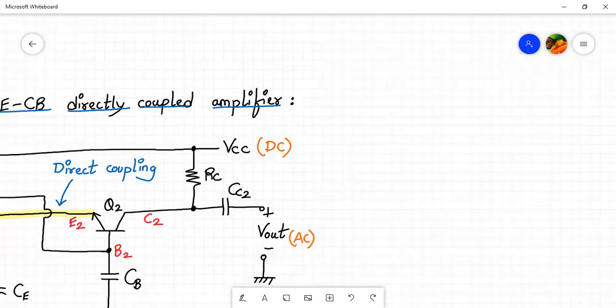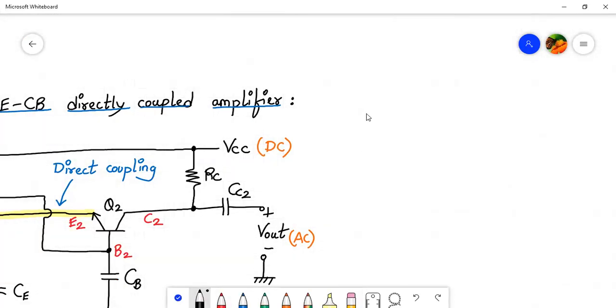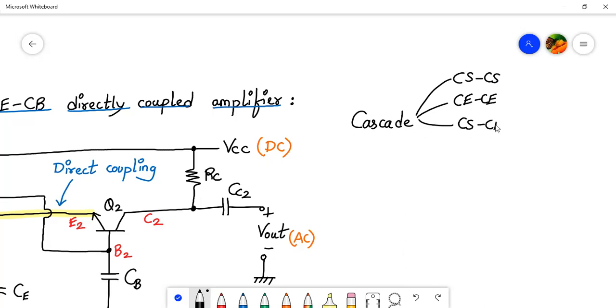So far we have done cascade, right? We have completed three types of cascade, which are common emitter, common emitter, then common source, common source, and the third category was common source, common emitter.